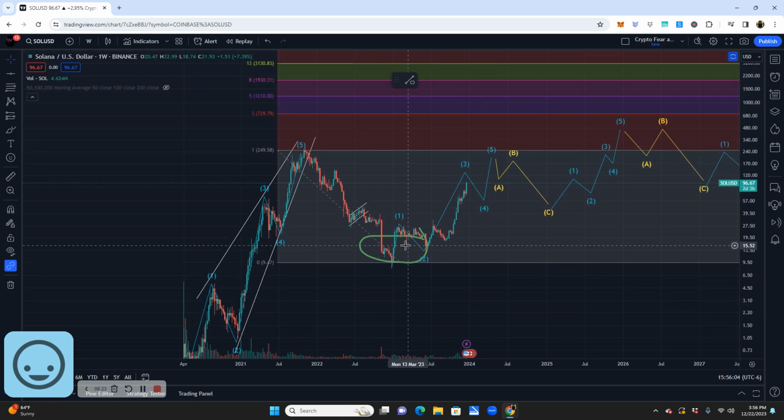The next count is that this thing just completely goes crazy, and then we end up doing something like ETH where the price is at $750, but at the end of the cycle.